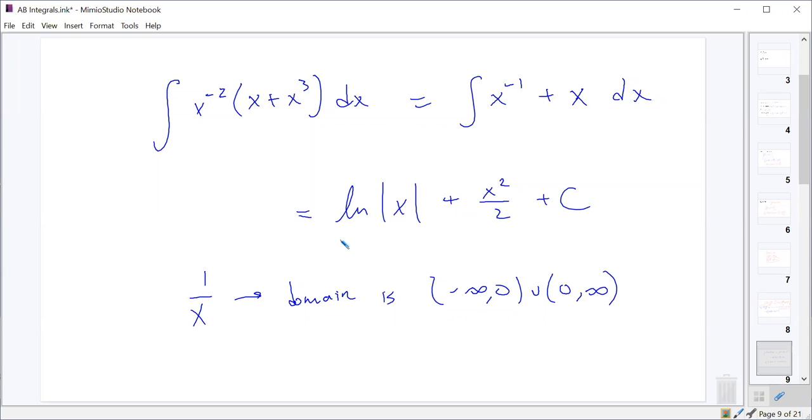And if the antiderivative was just natural log of x, what's its domain? Zero to infinity. So that only encompasses half of the domain of the original function. And so that's why I put in an absolute value, so that the domain is the same as 1 over x is. That way we can put any negative number into there as well. Does that make sense?